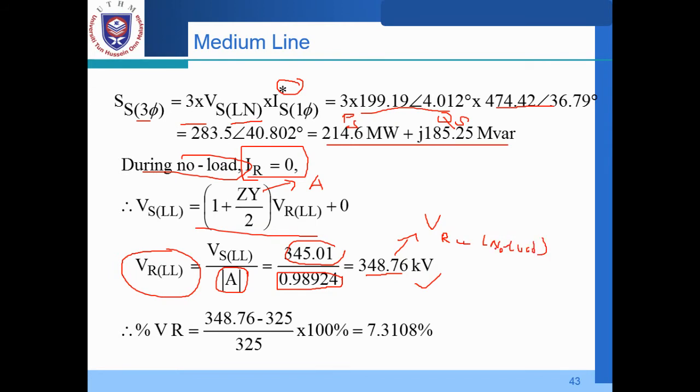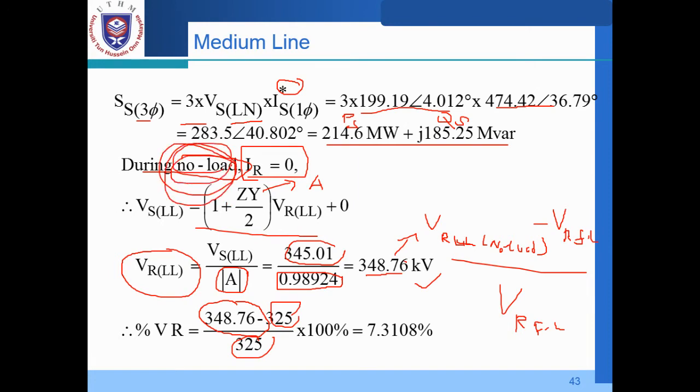In order to calculate the voltage regulation, we deduct the VR full load, line to line full load of course, which is given in the question. This is again from the question, and this is the line to line VR no load.